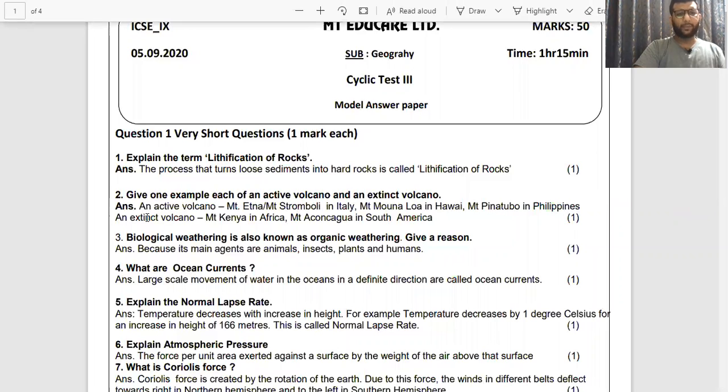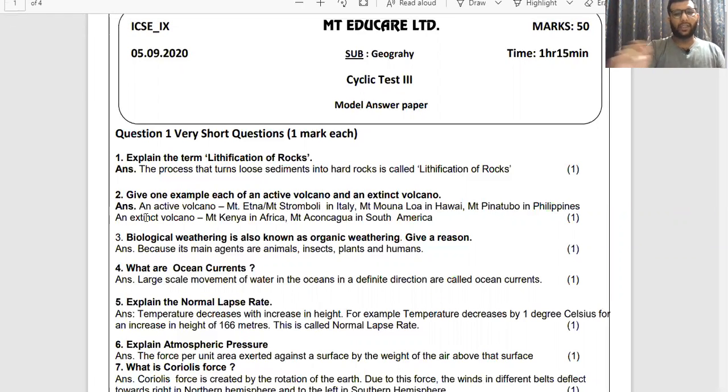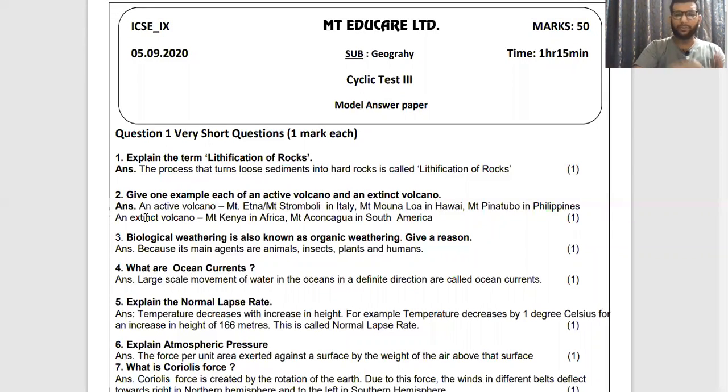The next question is give one example each of an active volcano and an extinct volcano. Any of these examples will fetch you good marks. An active volcano can be Mount Etna, Mount Stromboli in Italy, Mauna Loa in Hawaii, or Mount Pinatubo in Philippines.